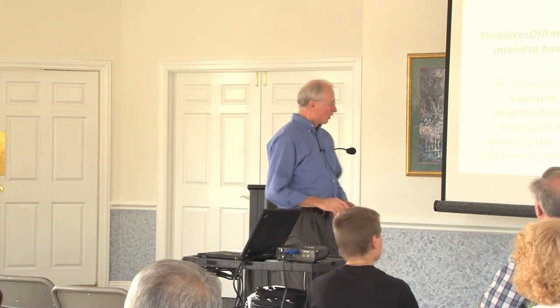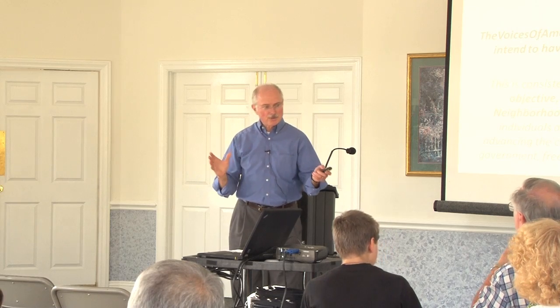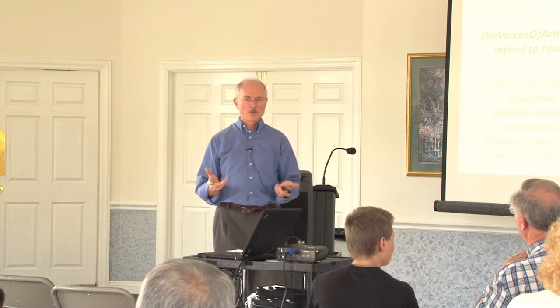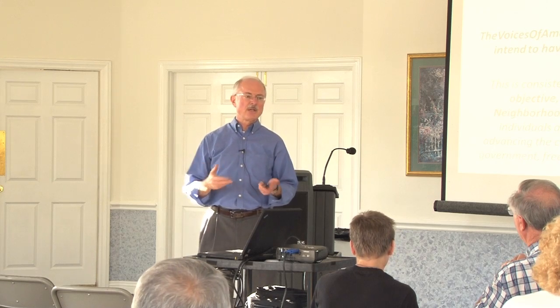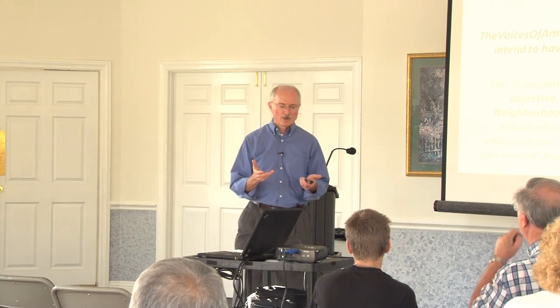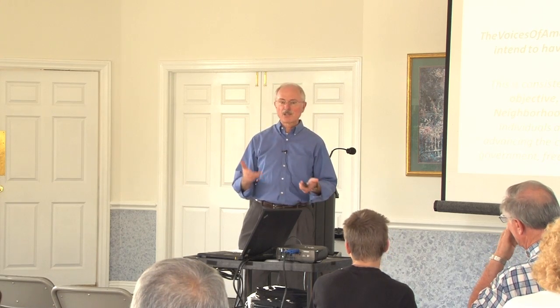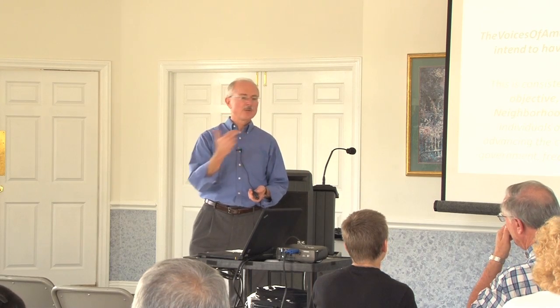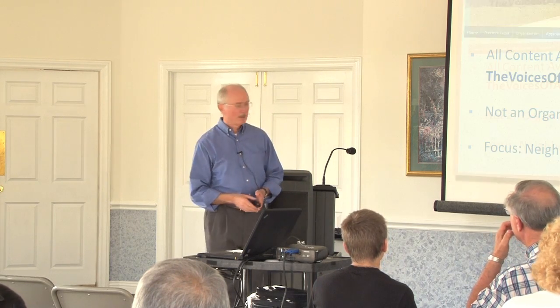So this is an introduction to what software is out there, what capabilities are out there to enable your precinct neighborhood organizing. And in the case of rVotes, it's very easy to get a hold of.